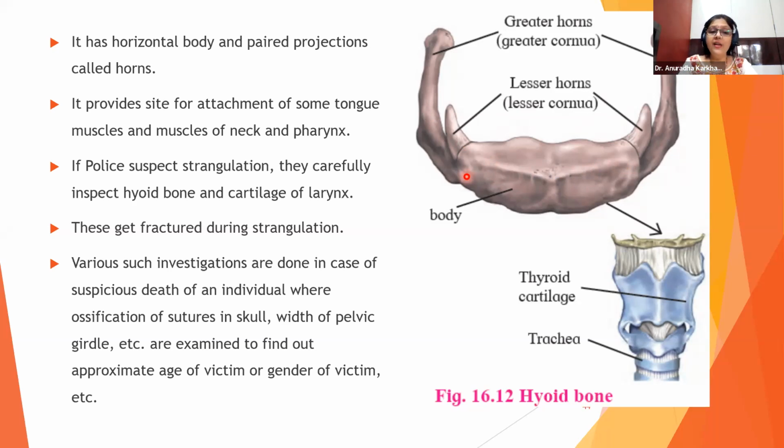If police suspect strangulation, they carefully inspect the hyoid bone and cartilage of the larynx. They get fractured during strangulation. So if anyone has tried to go for suicide, with a noose tied here and undergone death, the first thing to happen is that this particular hyoid bone will get fractured. Sometimes in such cases, a person is murdered in a different way and then hung from a fan. If the person died by hanging from a fan, it looks like a clear case of suicide. But in that case, the hyoid bone will get completely fractured along with the cartilage of the larynx.